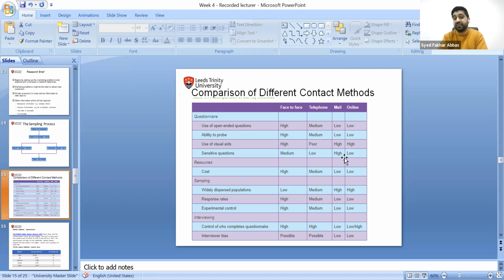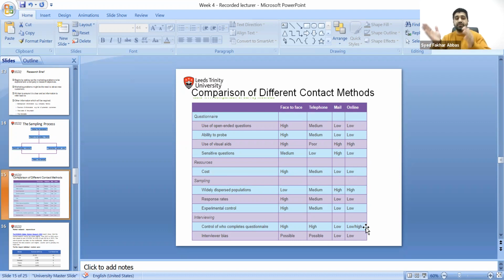Sensitivity questions will be very high. The cost of sending emails will be cheap. And when we talk about sampling, a widely dispersed population will be high. With the same click, we can send to thousands of people within seconds and get feedback accordingly. Response rate will be low.